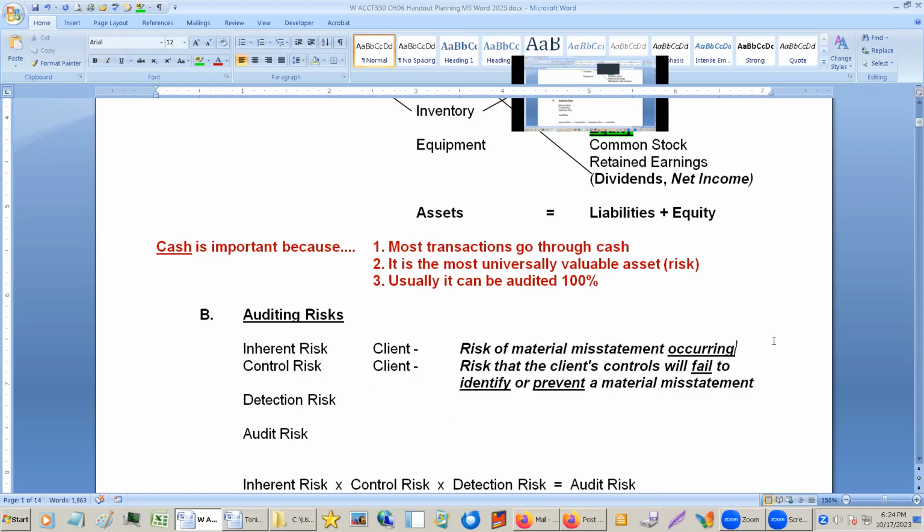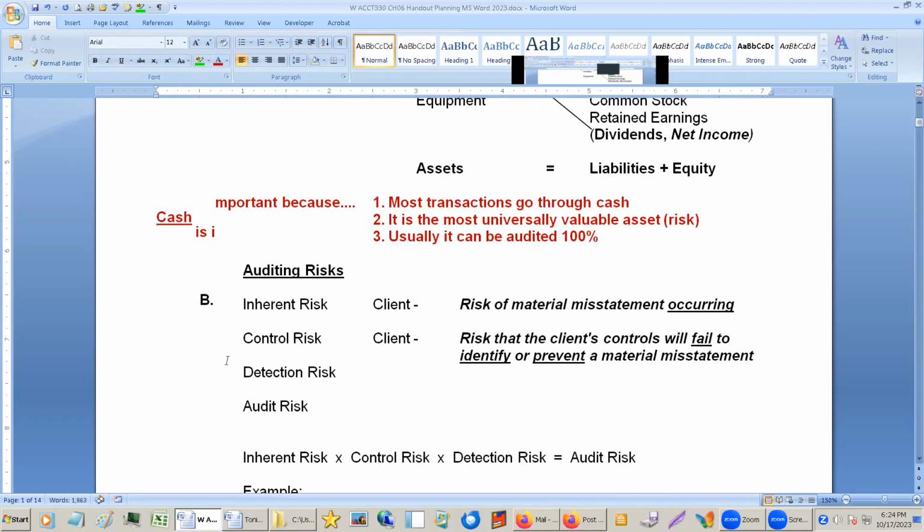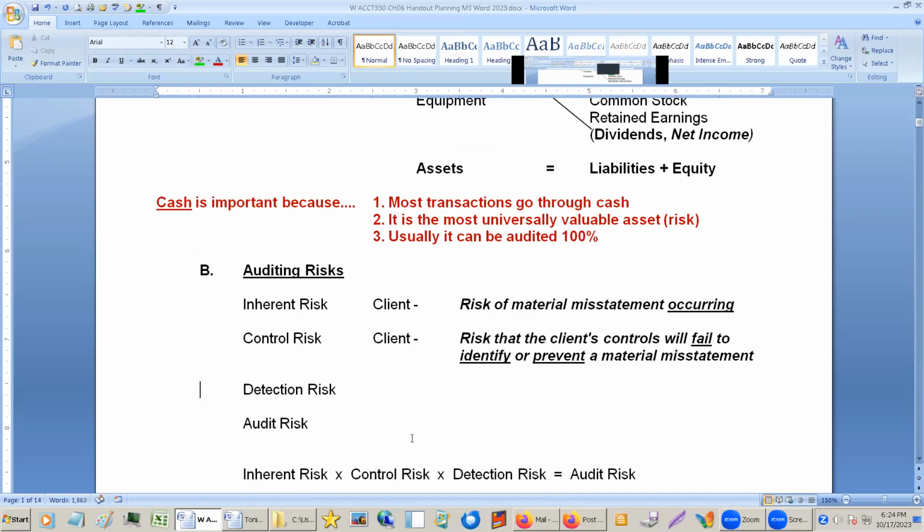Maybe I'll separate these out so it's a little easier to see. Okay, detection risk. So let's think about this for a second. The inherent risk is the risk that a client will have a material misstatement. The control risk is the risk that they will fail to detect the material misstatement.